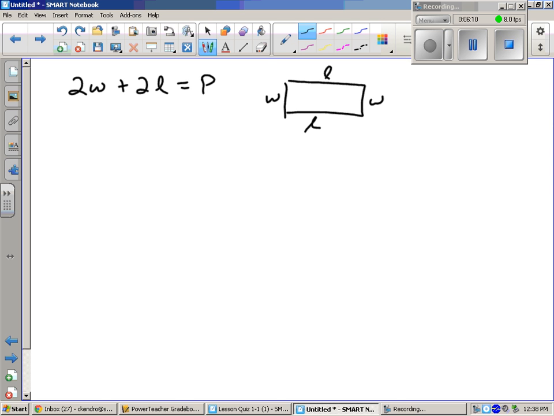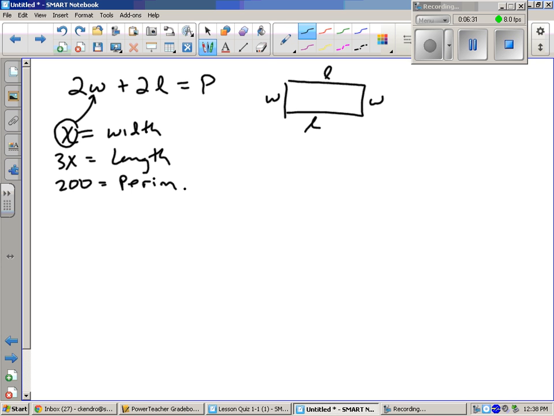We're saying that x is the width and 3x is the length and 200 is the perimeter. I want to solve for x. So I'm going to plug this in where I see width, this in where I see length, and this goes in where I see perimeter.